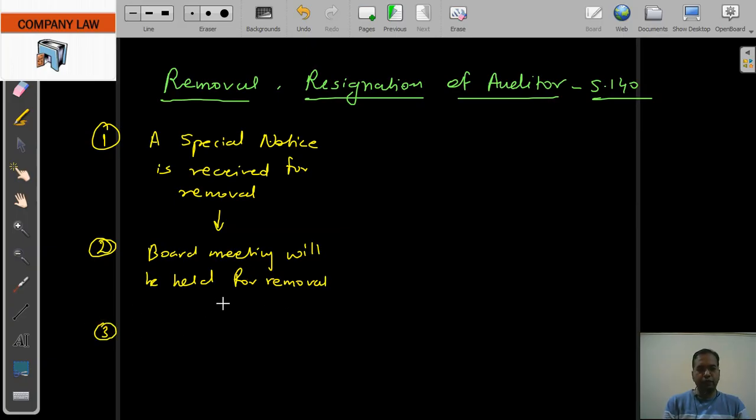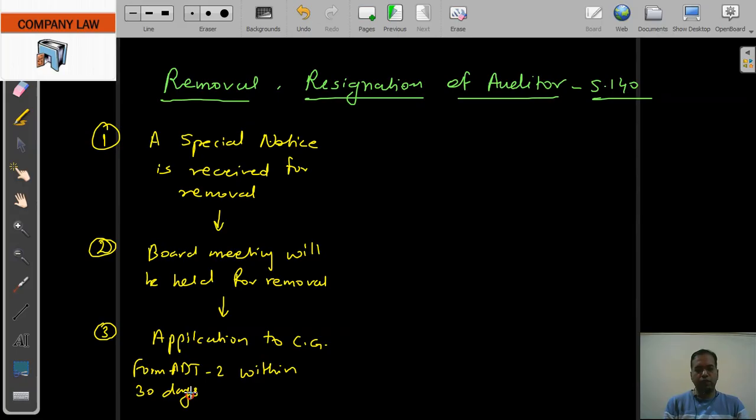Step number 3: application to the CG, and inform in form ADT 2 within 30 days from the board meeting.